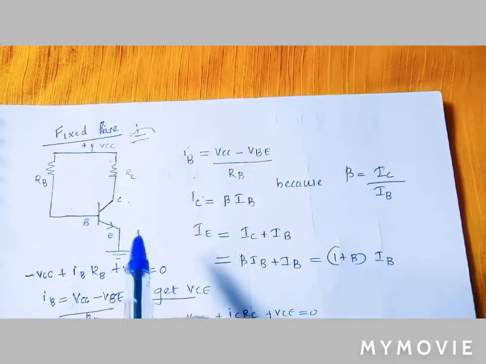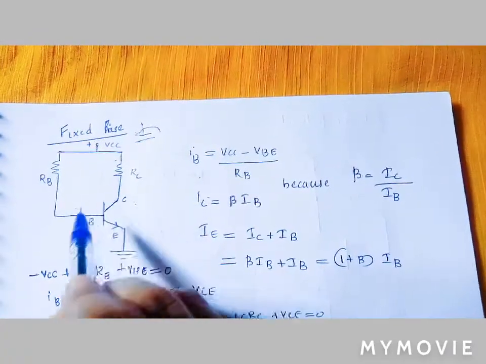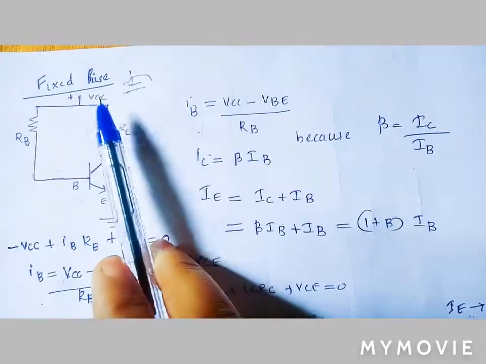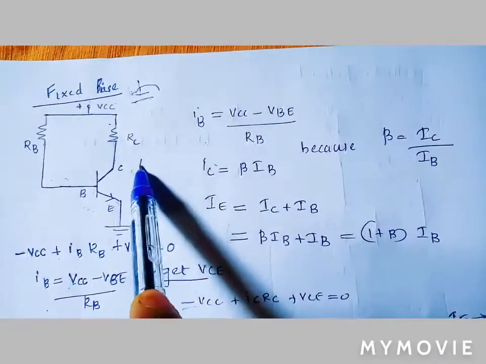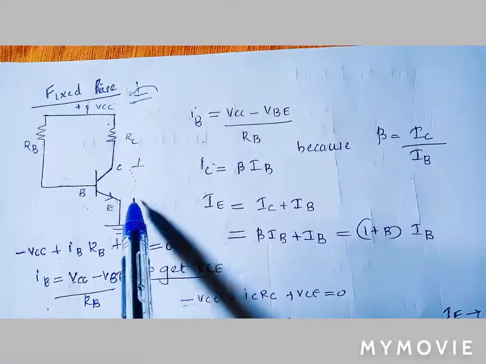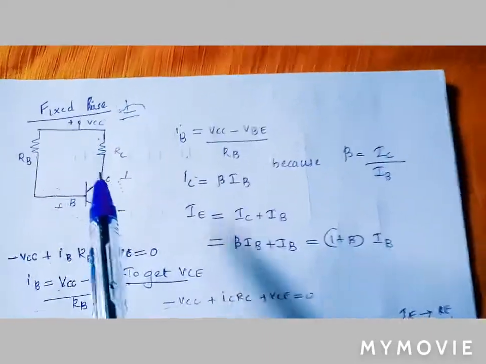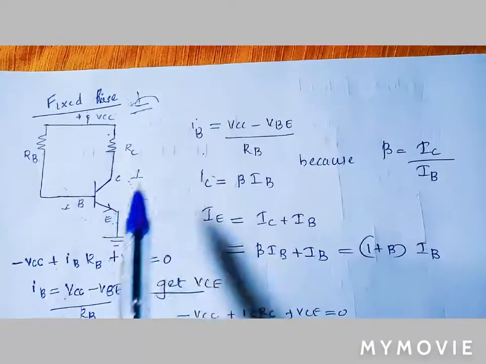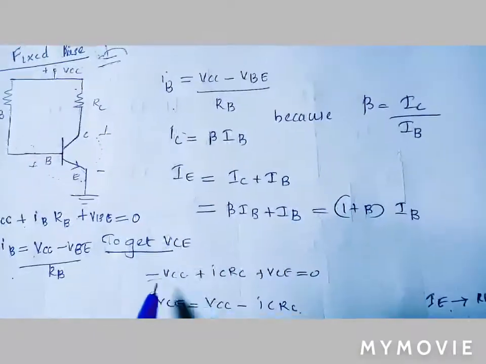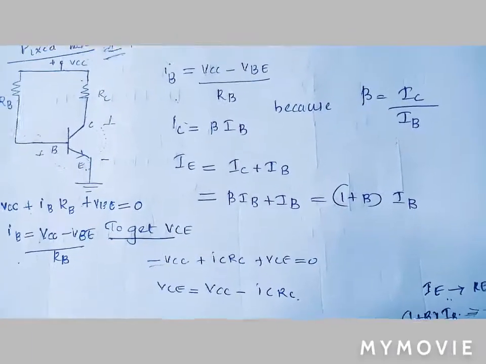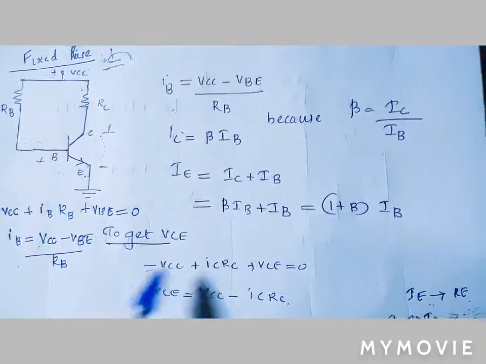We know that we are choosing the battery here. So here it is plus, here it is negative, here also plus, like this. So we get VCE. So we find the output voltage VCE from those equations.